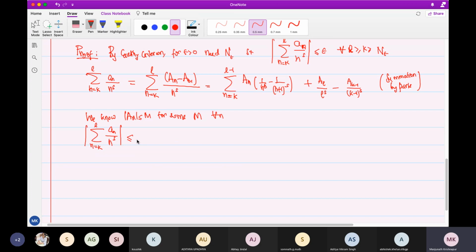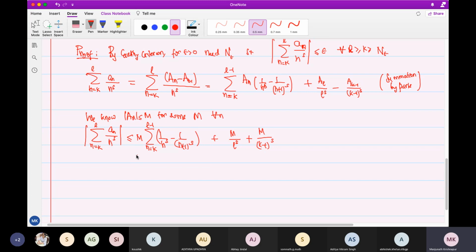I can put the absolute value inside, pull the m out, and I am left with 1 by n to the s minus 1 by n plus 1 to the s; since that is anyway positive, the absolute value is not needed. Plus this is bounded by m over L to the s, and this by m over k minus 1 to the power s.